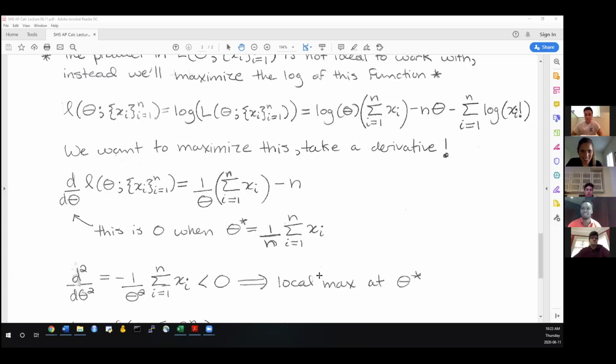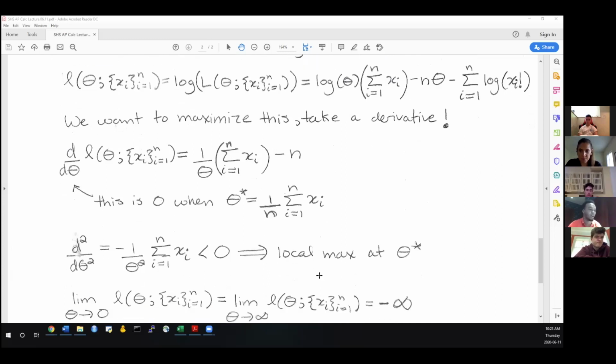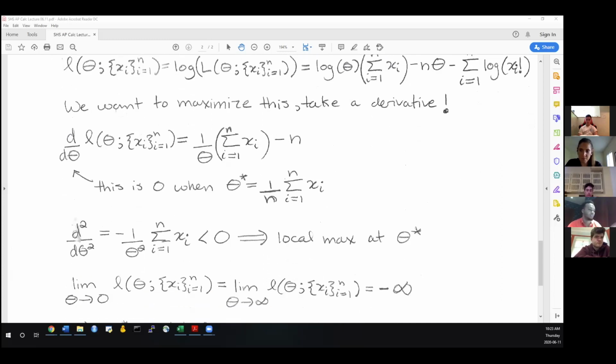And you can verify that theta star is actually the global max because you can check that the boundary limits of this function go to negative infinity. So theta star is truly the global maximum of the function.